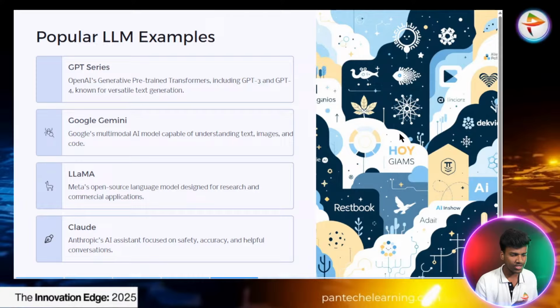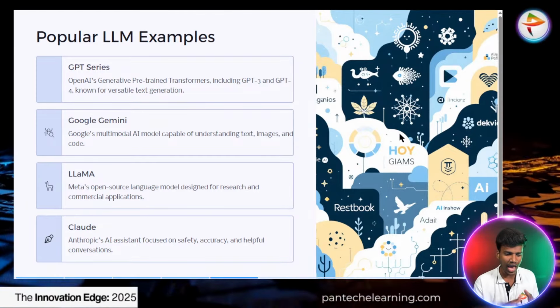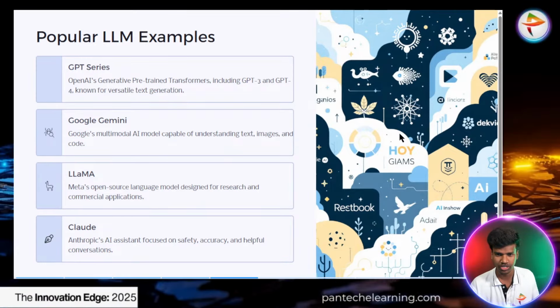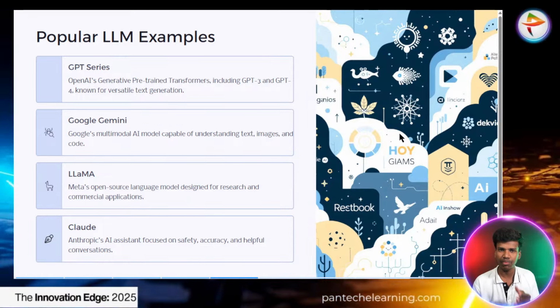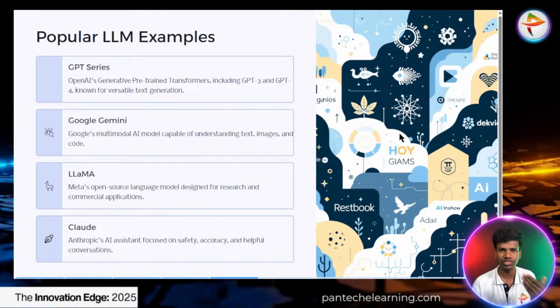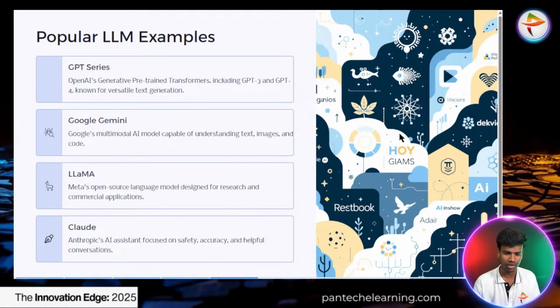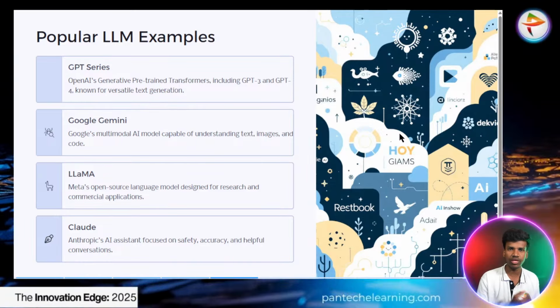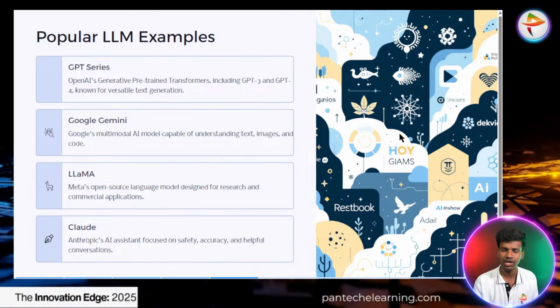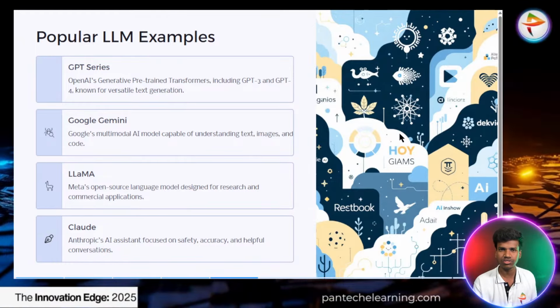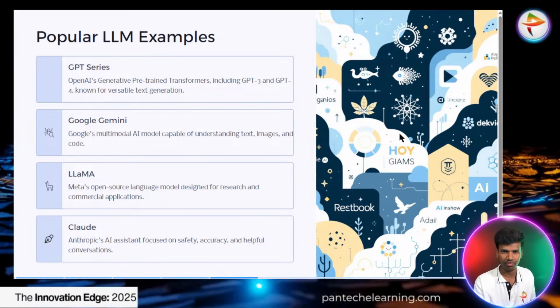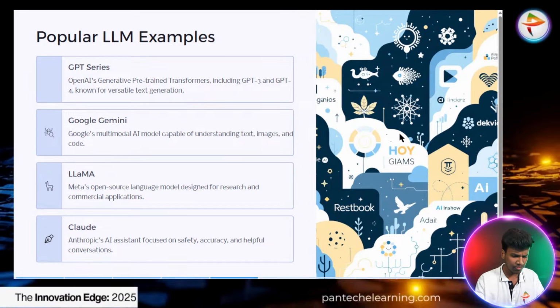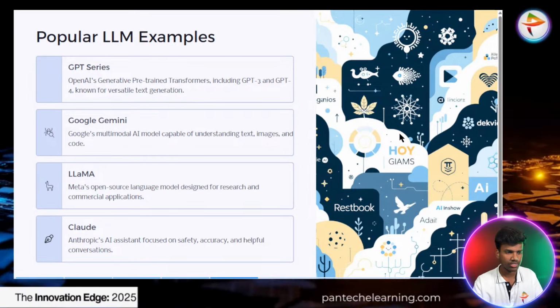Claude is Anthropic's AI assistant focused on safety, accuracy, and helpful conversation. Recently, Perplexity gives us real-time data. Claude is also one of the best AI assistants, analyzing every piece of data to give accurate answers. These are all the popular LLMs.